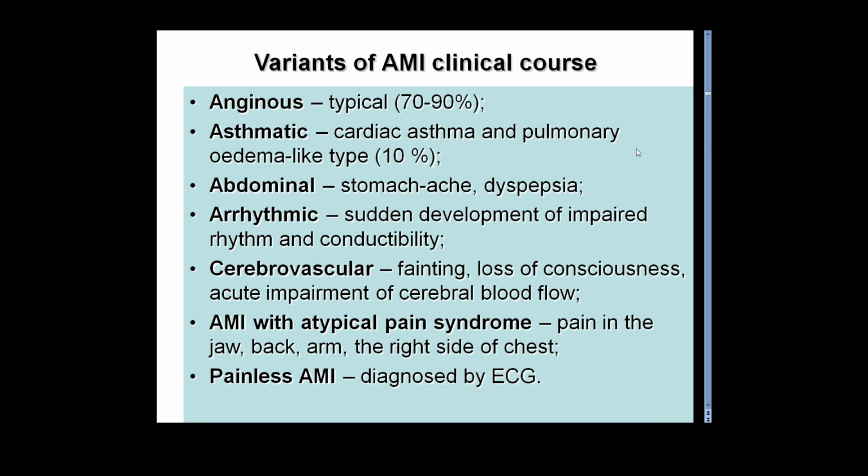The abdominal variant is usually associated with inferior MI, ischemic necrosis of the posterior or inferior wall. The arrhythmic variant is associated with development of acute paroxysmal tachyarrhythmias or a new left bundle branch block of His.